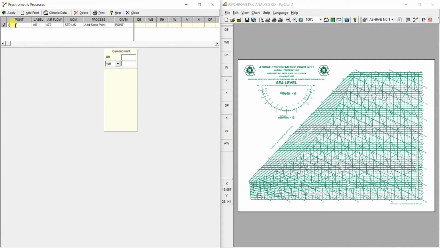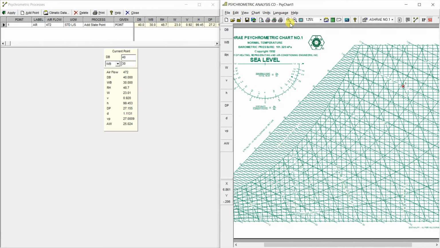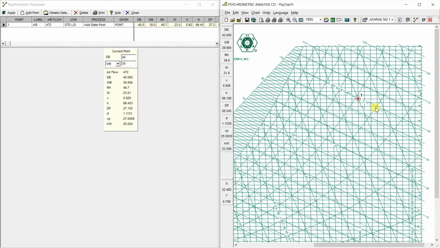This is point number 1. So dry bulb temperature is 40 degree Celsius and wet bulb temperature, it is 30 degree Celsius. Now after entering this data, click apply. Okay, point 1 will appear on the psychrometric chart. Okay, here you can see point 1 has appeared. I'll zoom and show it to you. So here you can see point 1 has appeared on psychrometric chart.